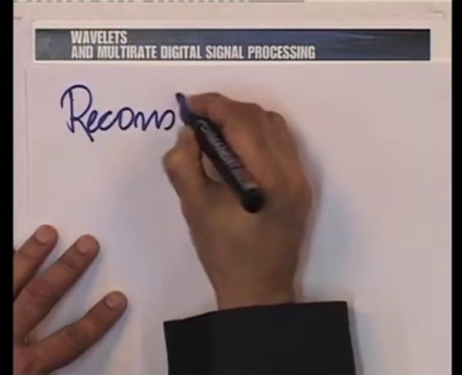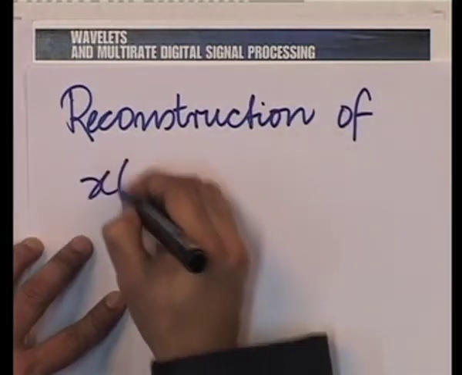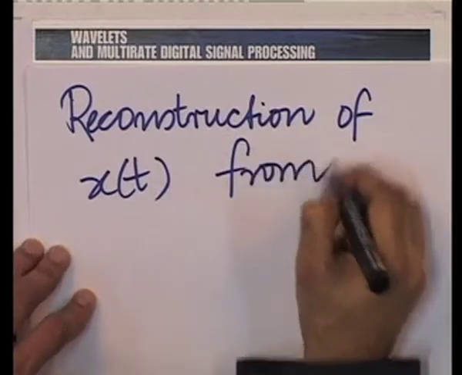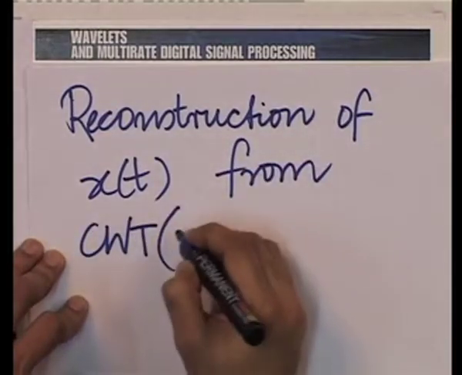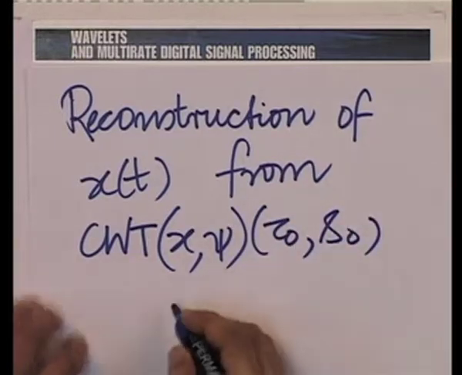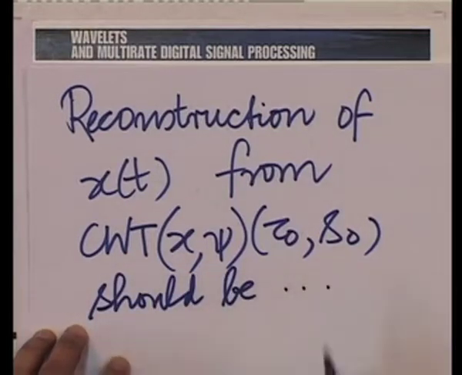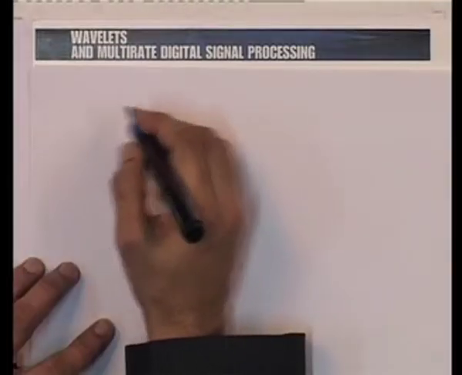So, in other words, the reconstruction of x(t) from the CWT of x with respect to psi evaluated at tau naught and S naught should be, and we have again a triple integral, but with a difference.